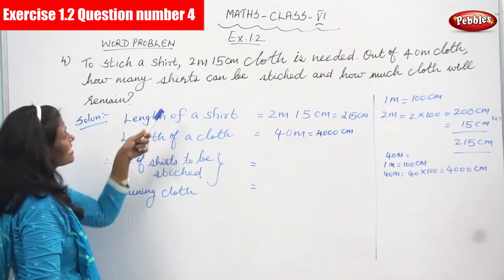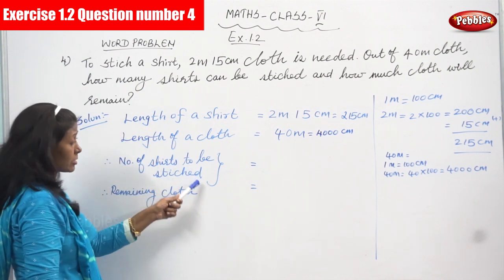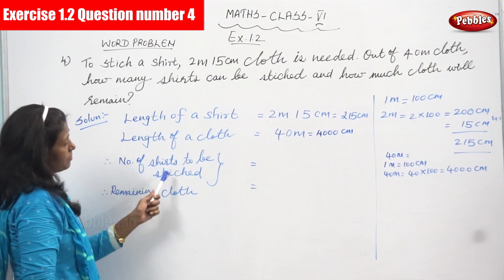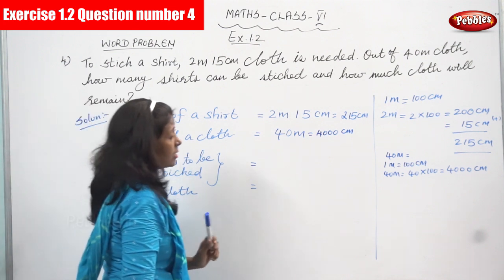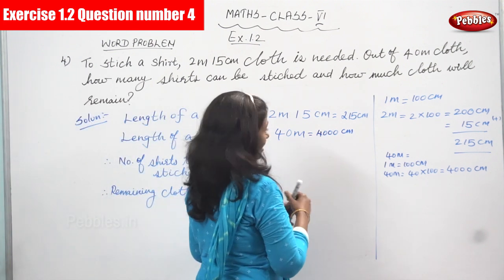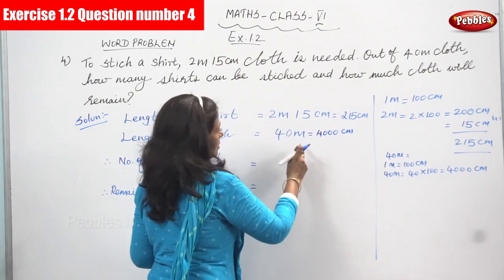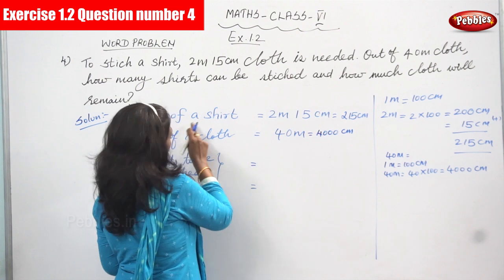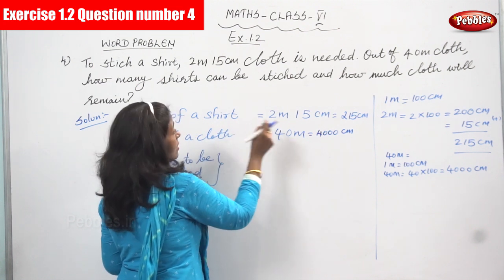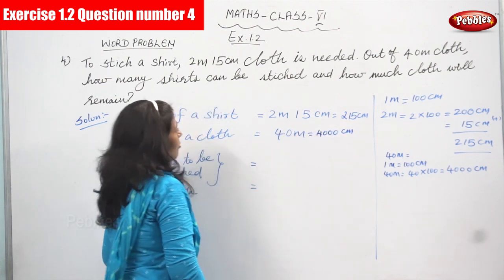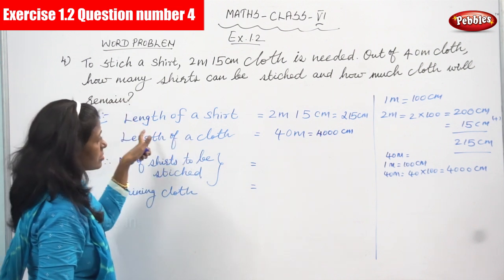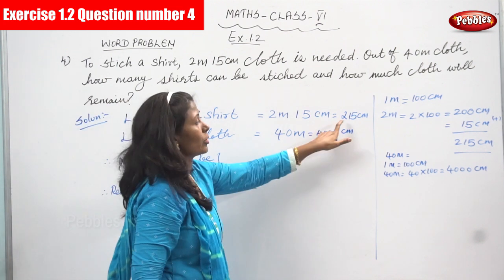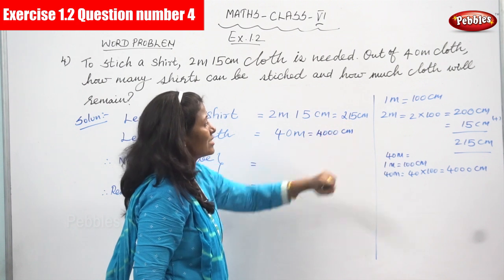That means you have to divide. Here 4000 centimeter is the length of the cloth, and the length of a shirt is 215 centimeter. For a single shirt, 215 centimeter is needed.